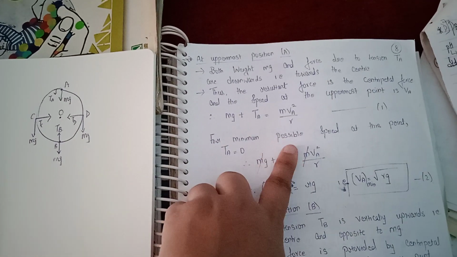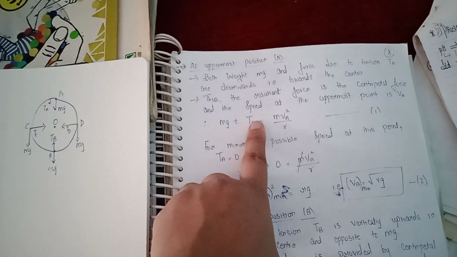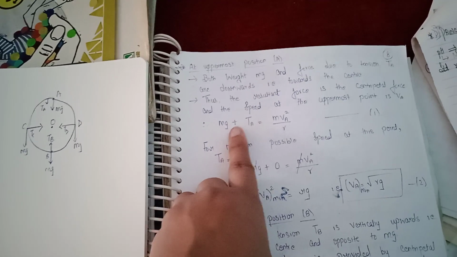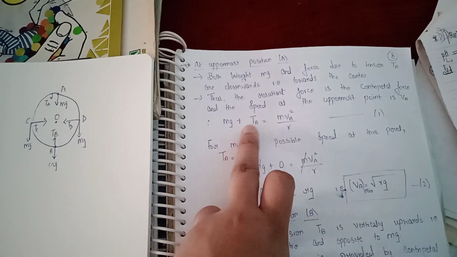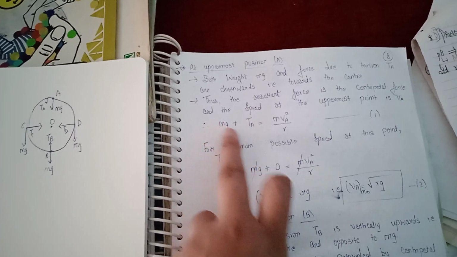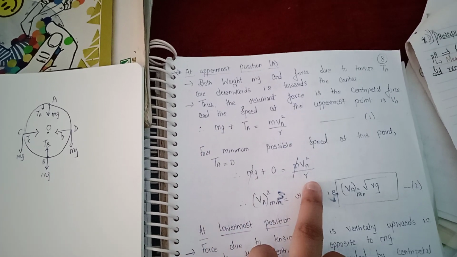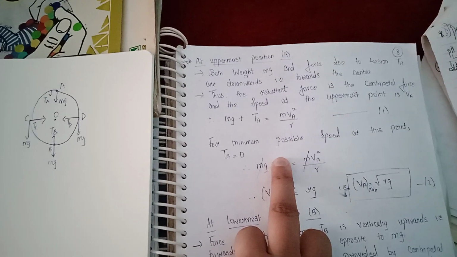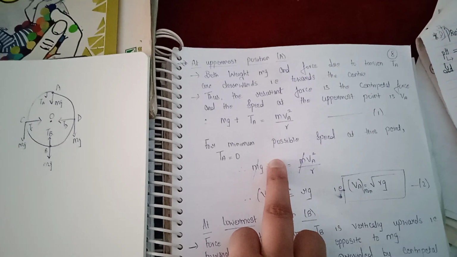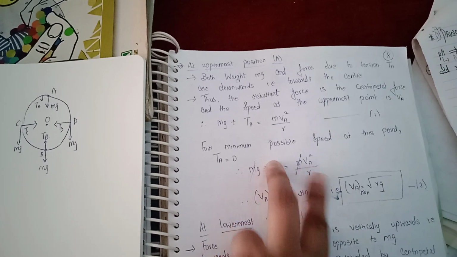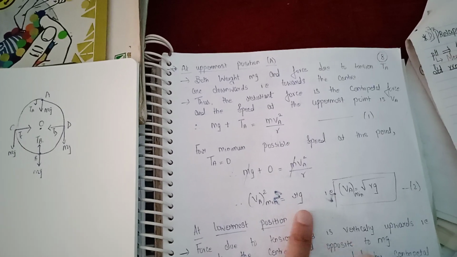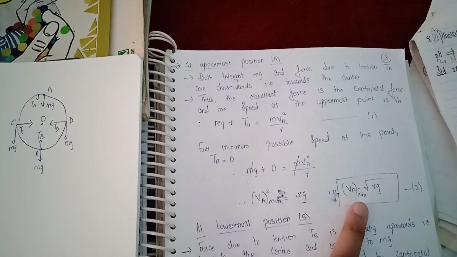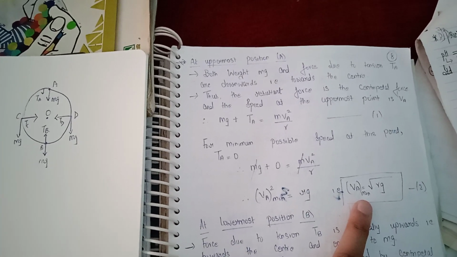Now if you want the minimum possible speed at this point A, Ta is equal to 0. You substitute the 0 here. mg plus 0 is equal to m va square upon r. That is mg is equal to m va square upon r. m gets cancelled, and if you want the speed, then va square is equal to rg. If you take out the root, va minimum is root rg.